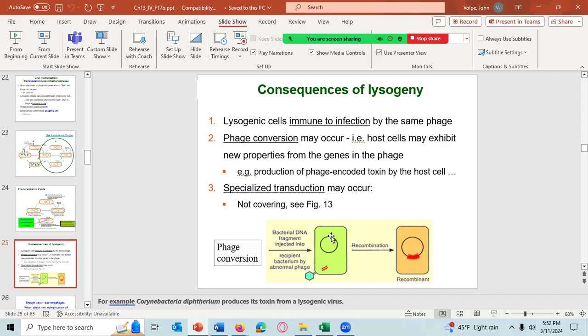So when the Corynebacterium diphtheriae does not have the lysogenic virus in it, it does not produce the diphtheria toxin. Only in a cell infected with a lysogenic virus can the Corynebacterium diphtheriae produce the diphtheria toxin. Any question about any of that?